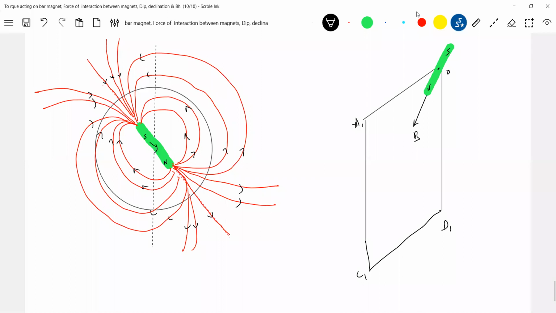So I'll put the bar magnet, which lies in the vertical plane OA1C1D1. And what is the magnetic meridian? The magnetic meridian is OA1C1D1.